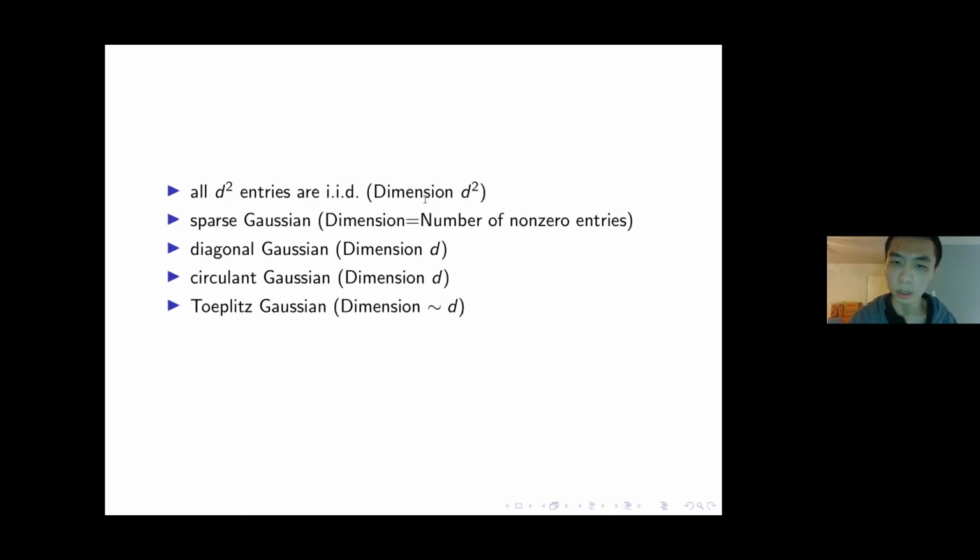And our result is consistent with what is known about sparse Gaussian. Well, diagonal Gaussian has subspace dimension d, circulant also dimension d, and Toeplitz dimension something like 2d minus 1. Okay, so all of these are alpha less than or equal to 1. This one is alpha bigger than 1. And as for sparse Gaussian, it depends on the number of non-zero entries, but what we prove is consistent with what is known.